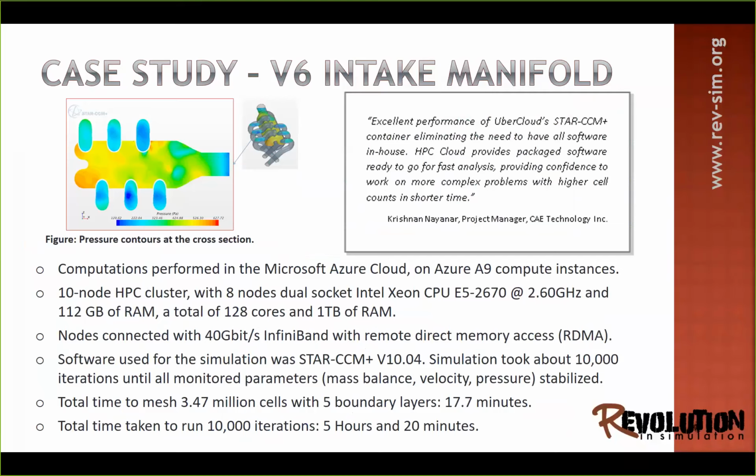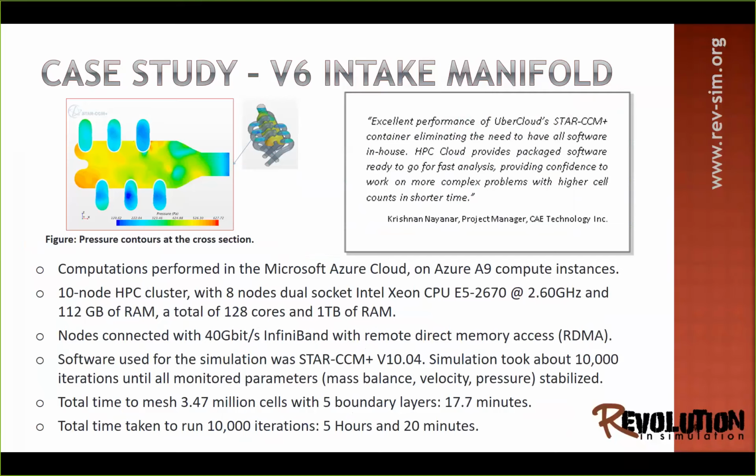And the software, as I already mentioned, for simulation was Star-CCM+, version in this case 10.04, and the simulation took about 10,000 iterations until all monitored parameters like mass balance, velocity, pressure are stabilized.